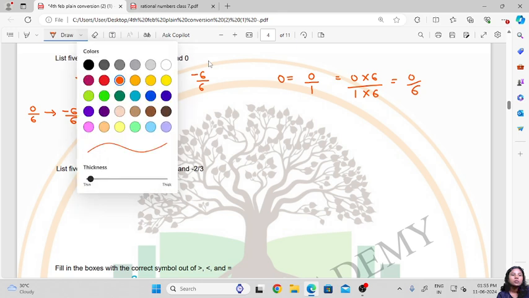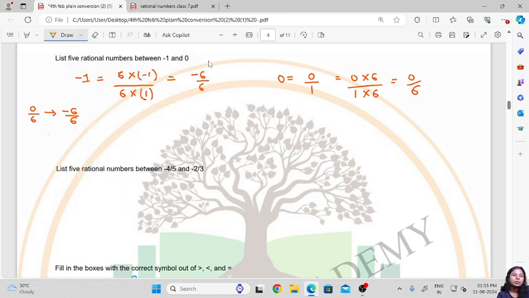So now what we are going to do is simply write all the numbers that come in between these two numbers. So we have to begin with 0 by 6, then we have 1 by 6, then we'll have 2 by 6, 3 by 6, 4 by 6 and 5 by 6, and last we have 6 by 6.